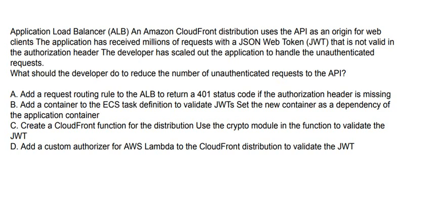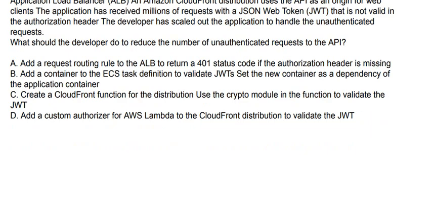Option C. Create a CloudFront function for the distribution. Use the crypto module in the function to validate the JWT. And option D. Add a custom authorizer for AWS Lambda to the CloudFront distribution to validate the JWT. The correct answer is option D.